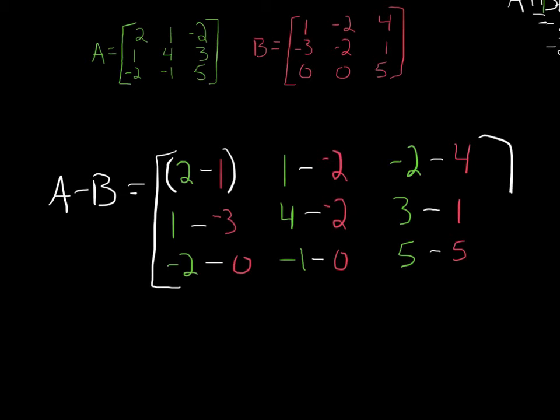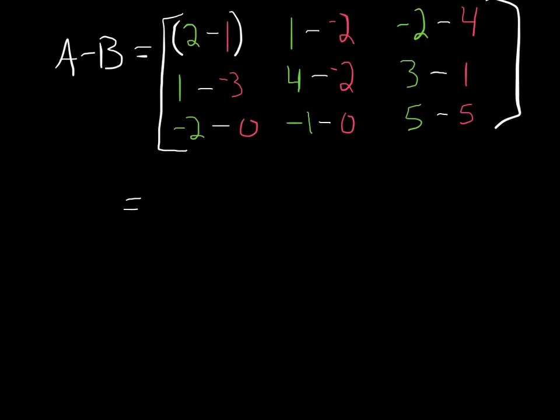And now all I need to do to finish the problem is just do the simple subtraction. 2 minus 1. 1 minus a negative. Remember, when we subtract a negative, it's the same as adding the positive. So 1 plus 2 is 3. Negative 2 minus 4.